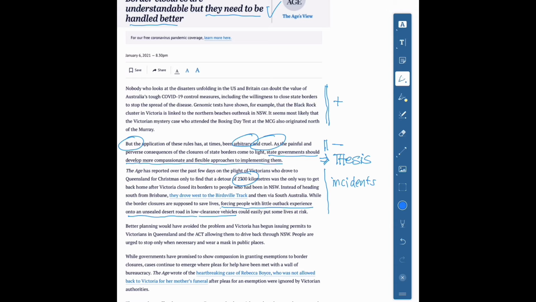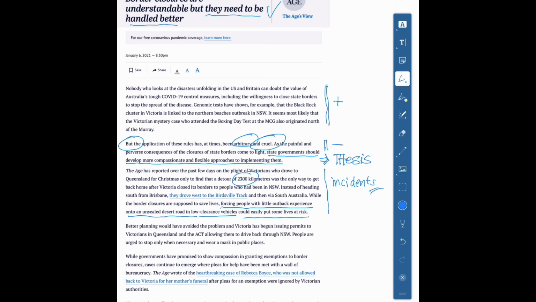Low clearance means the vehicle is very low, and when you come to a very bumpy road, you will find it difficult to pass. So it could easily put some lives at risk. This is even as dangerous as probably the virus, the COVID. Okay, so again that is the first incident.